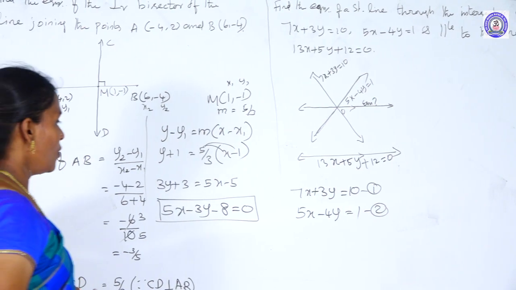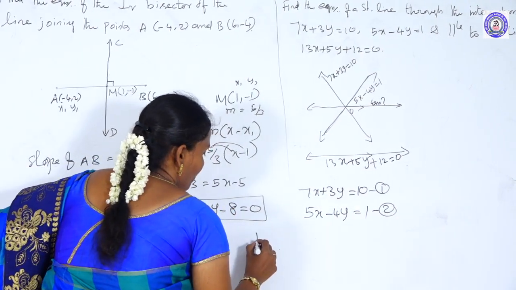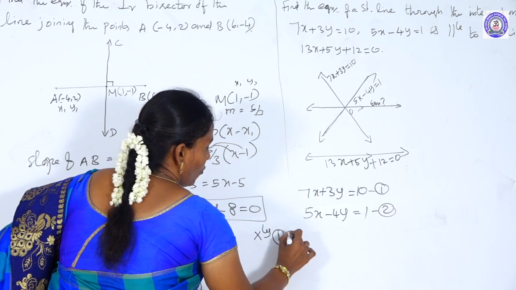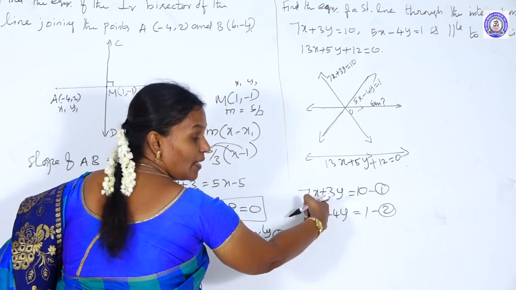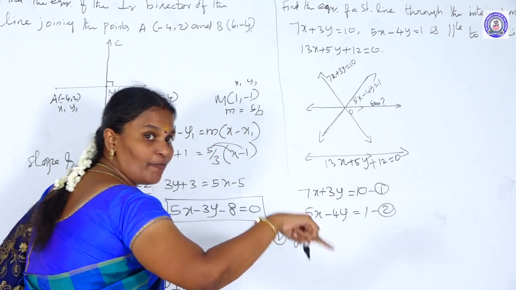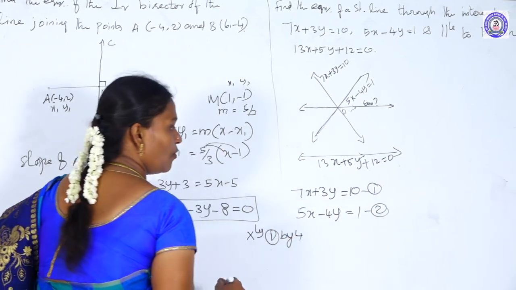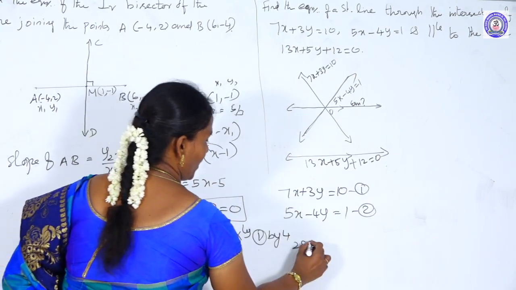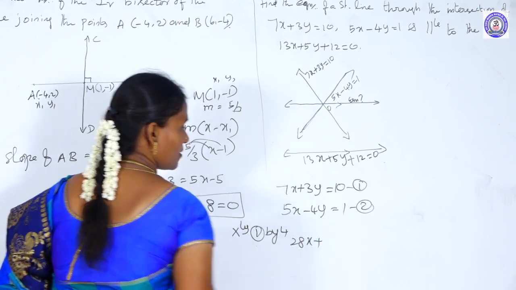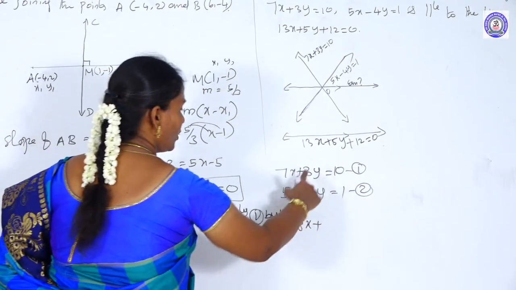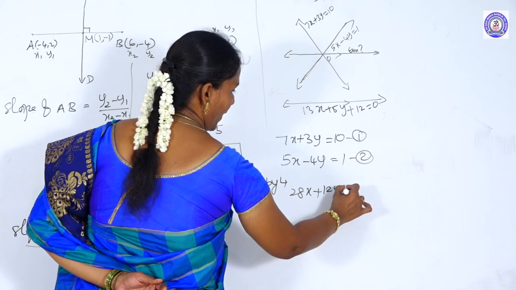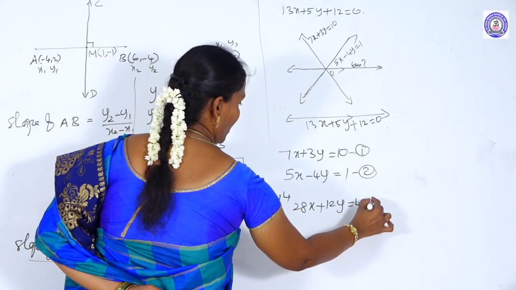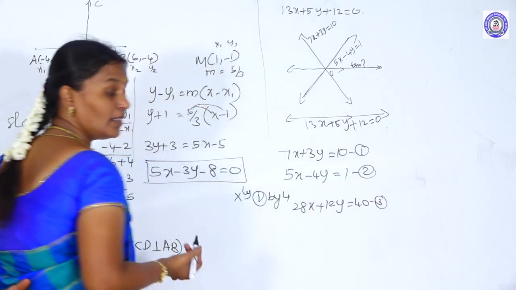So multiply equation 1 by 4, since 3 is there. 7 4s are 28x plus 4 3s are 12y is equal to 4 10s are 40. Consider this equation number 3.